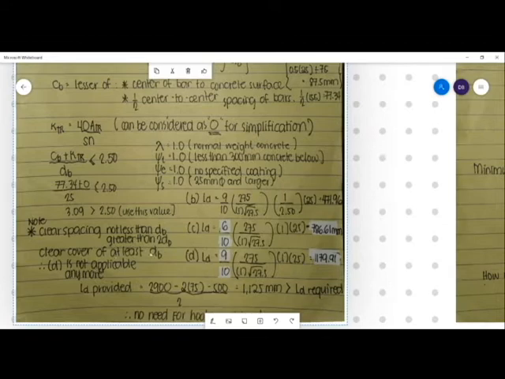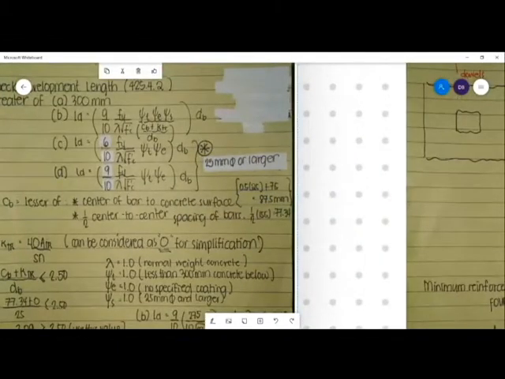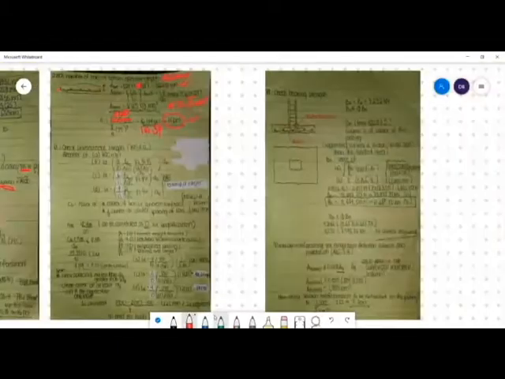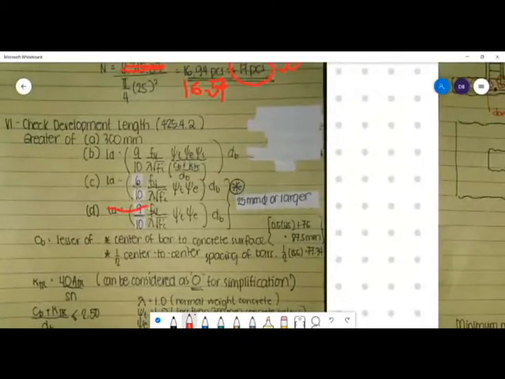Clear cover is at least d sub b. So D is not applicable anymore, so we remove this formula and it shall not be included in the calculations, because the case satisfies the condition set in the table. So we can just compare formula B and formula C only.